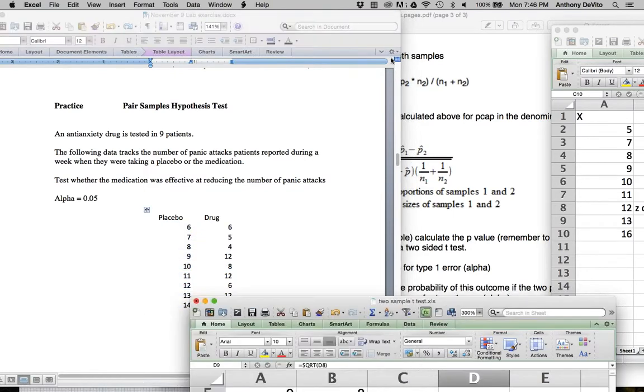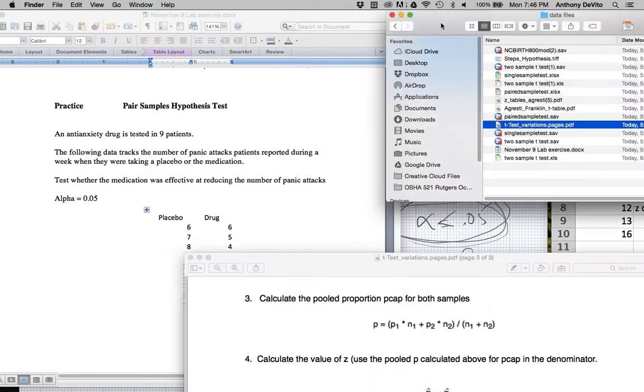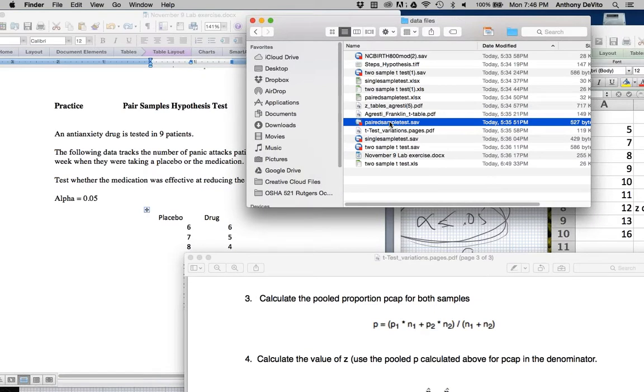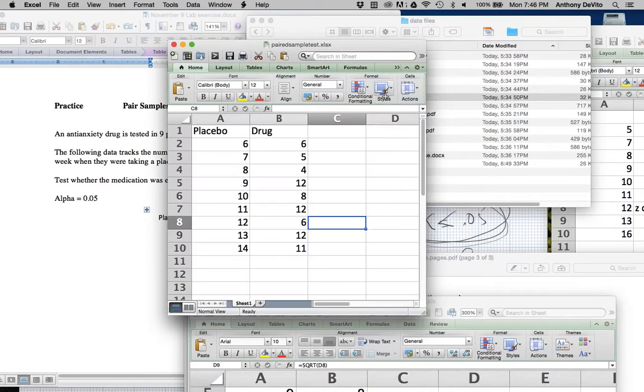So one of the ways that you might look at this, and I think I have this in Excel already set up as well. Okay, so paired samples t-tests. Excuse me, that's the SPSS version. Here's our paired sample t-test.